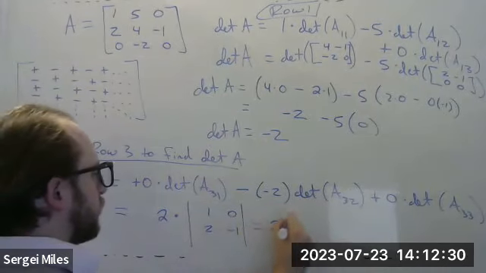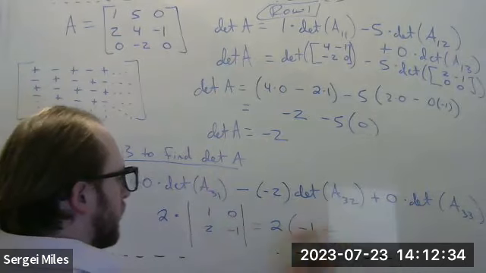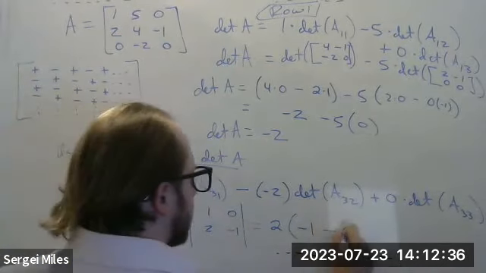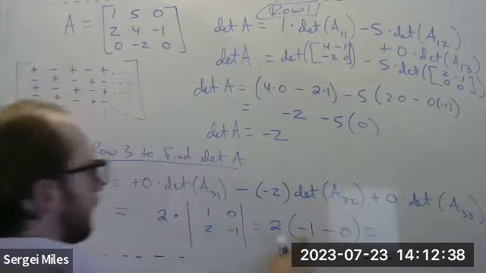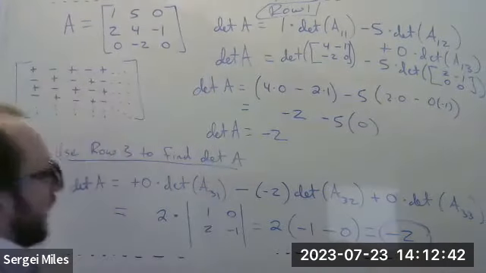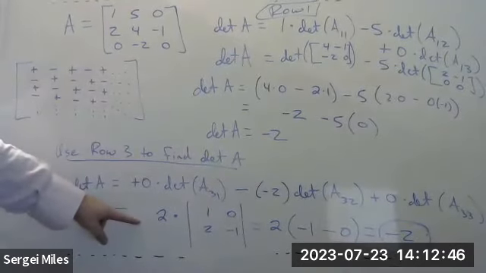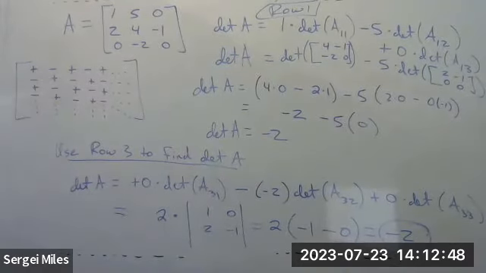All right, well, that's 1 times -1 is -1, minus 0 times 2 is 0. And lo and behold, -1 times 2 is -2. I got the same answer with a lot less calculation, right? So sometimes picking a different row to find your determinant can be faster or easier.